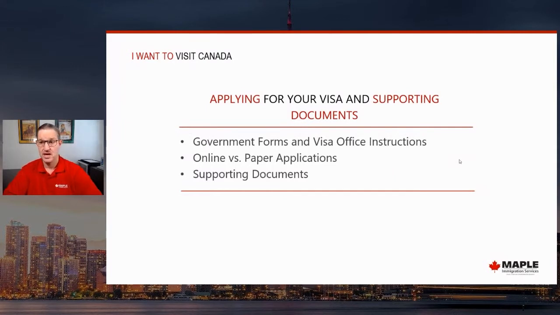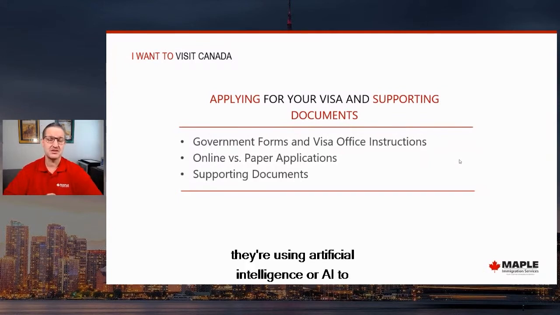All right. I don't really want to delve too deeply into it, but there are some new things in terms of what the government's working on. We don't have a lot of information about it, but they're using artificial intelligence, or AI, to make some decisions. Obviously, this is happening within the online sphere. I'm not sure where that's at with paper applications per se, but we are seeing this as a little bit troubling.